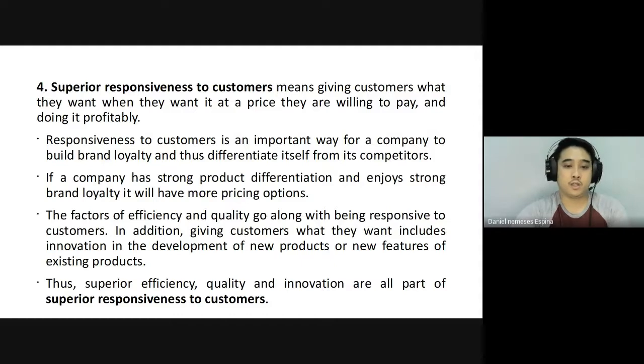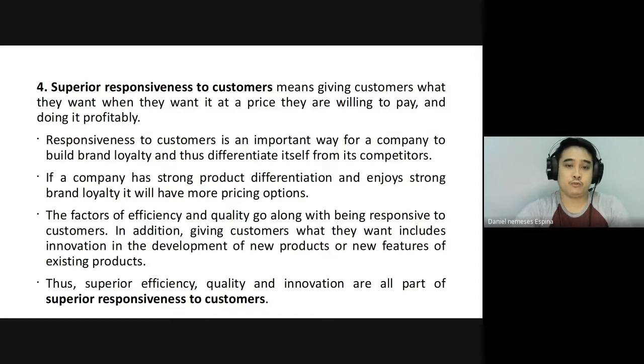For example, with Apple products, Apple does not really produce the highest quality or the most innovative cell phone, but since they have already developed this brand, they have become a status symbol for a lot of individuals. That's why people buy Apple products.